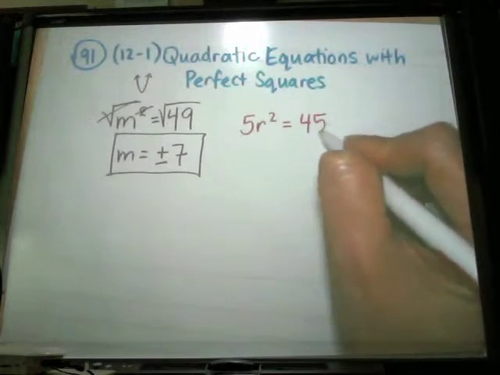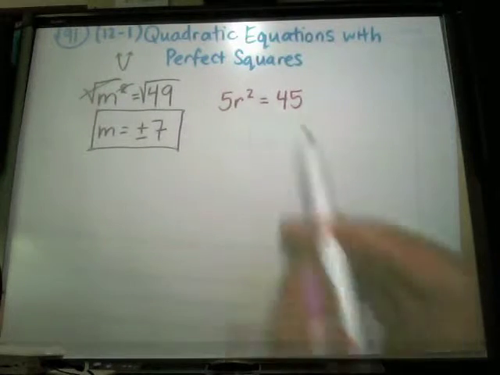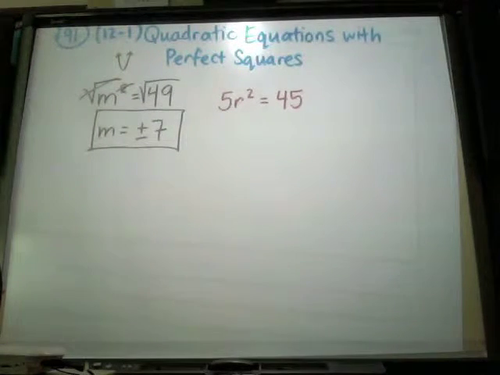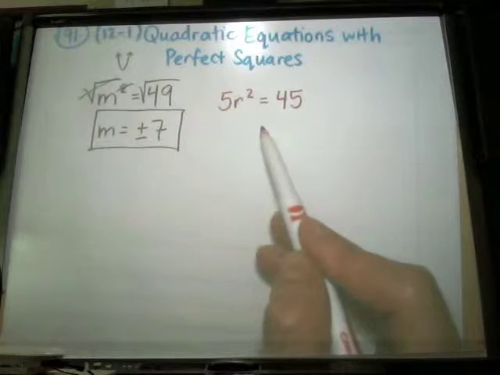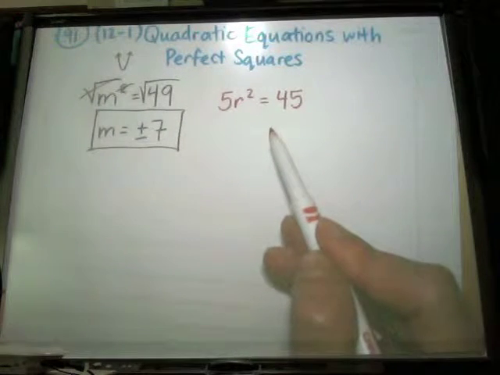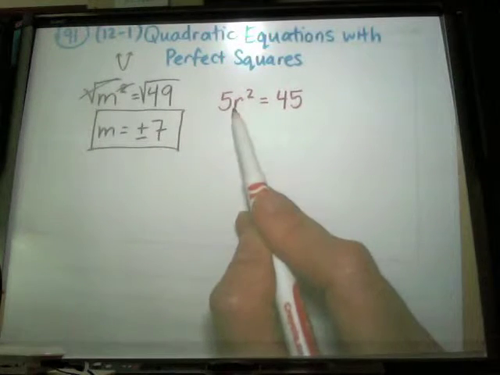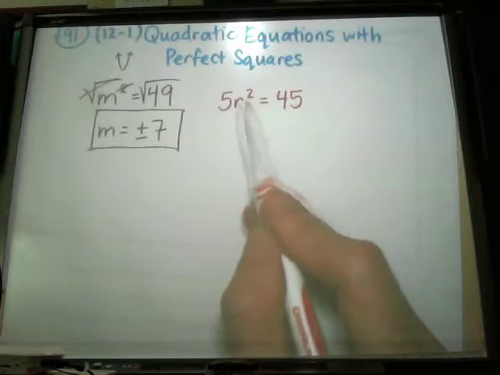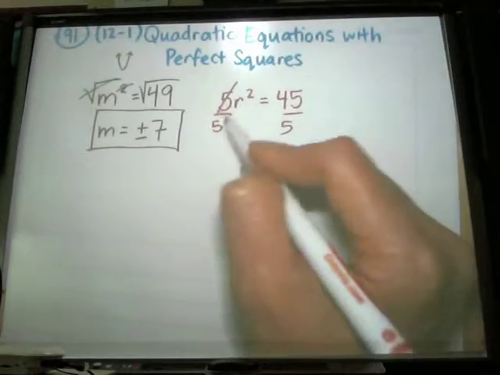Okay, again, still sticking with stuff we did in the last chapter. So nothing brand new yet, but just showing you a few different types of equations. We did something like this, 5r squared equals 45, and the thing I would have said to you if this were on the test is that only the r is being squared. If there's no parentheses, it's just the r. So before I try to get the r by itself, I'm going to first undo the 5. I'm going to divide both sides by 5.